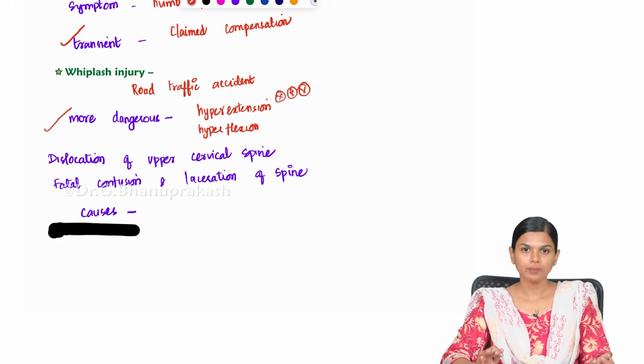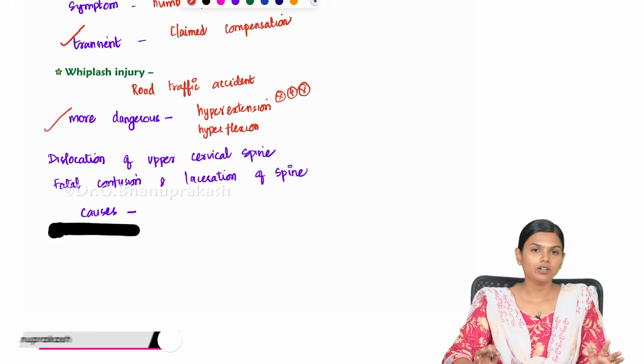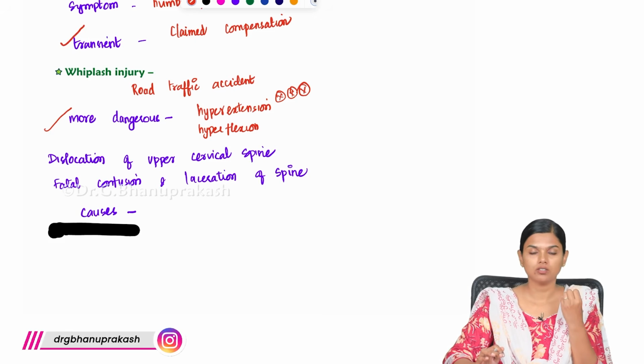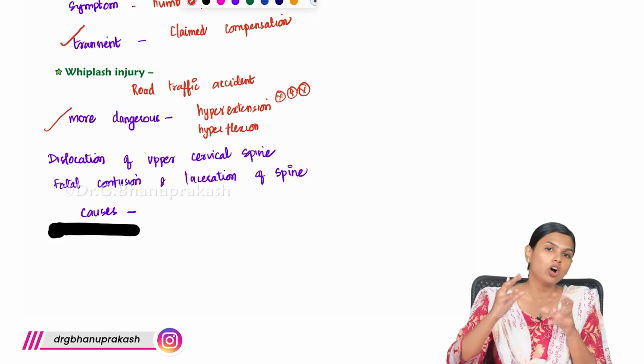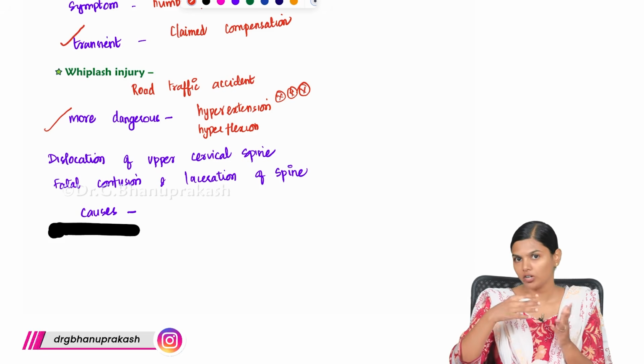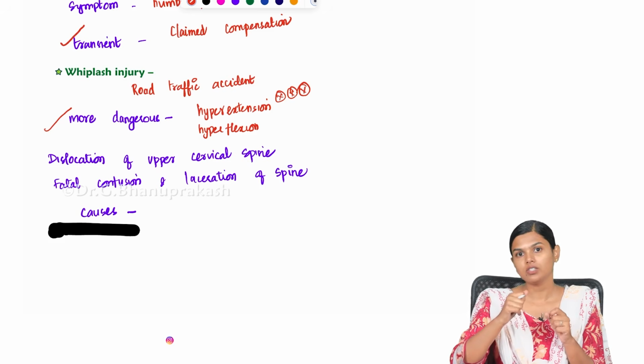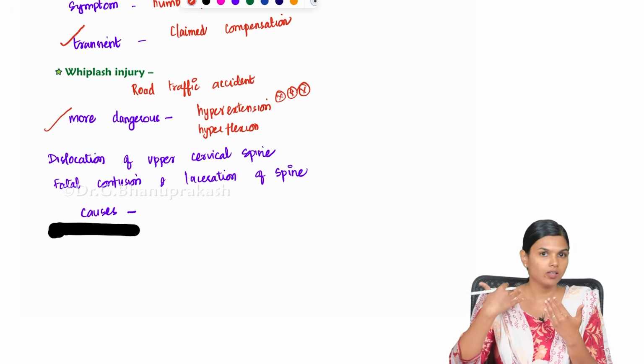So what will happen? The flexion will be prevented by the posterior neck muscles. So it will prevent that hyperflexion. But the extension will not be prevented by the anterior longitudinal ligament. Because of that, this extension will go to a lot of degree.